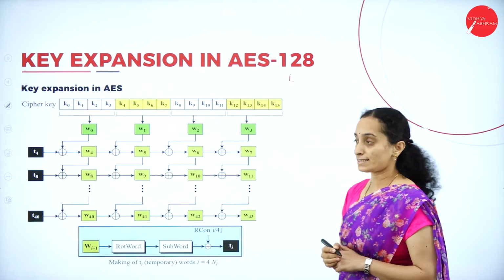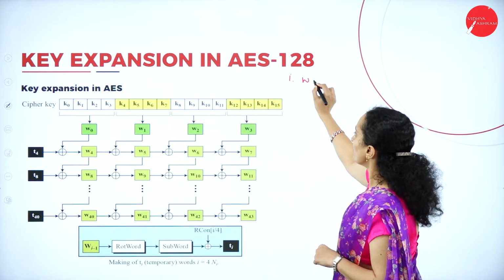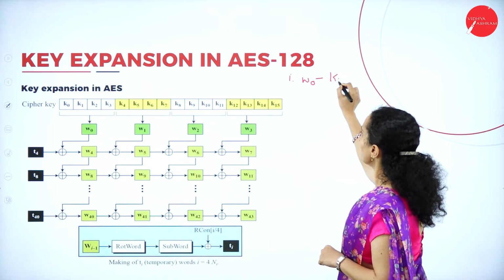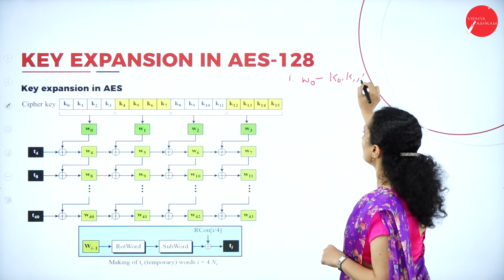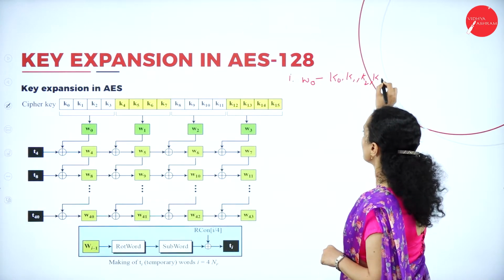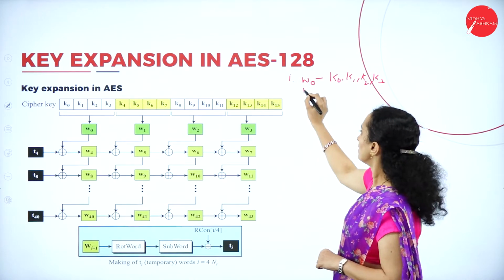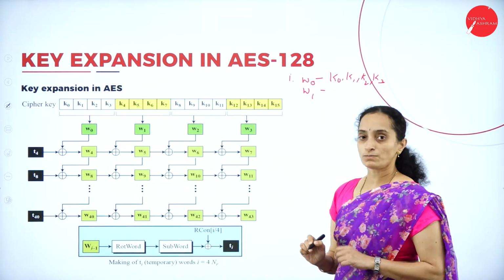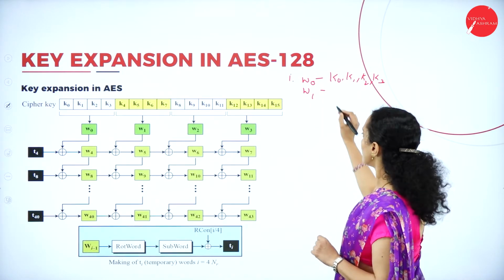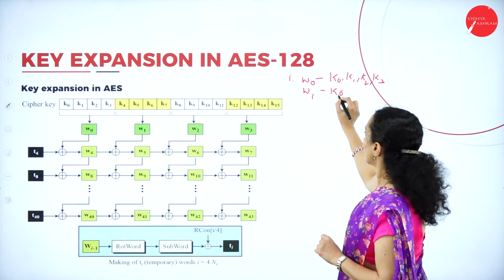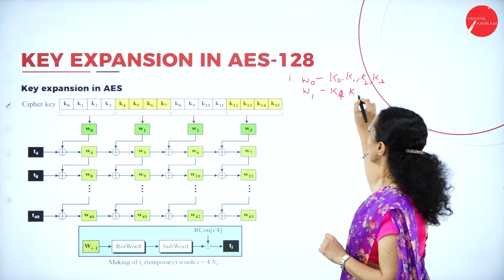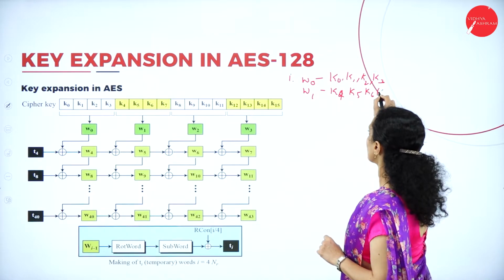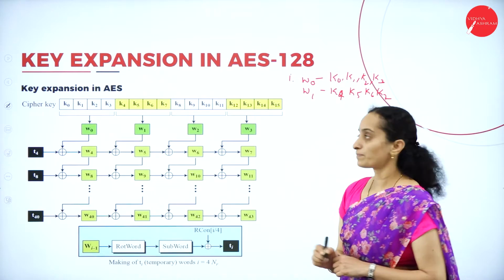First, W0 is formed by taking K0, K1, K2 and K3. W1, the second word, is formed by taking 4 bytes, K4, K5, K6 and K7.